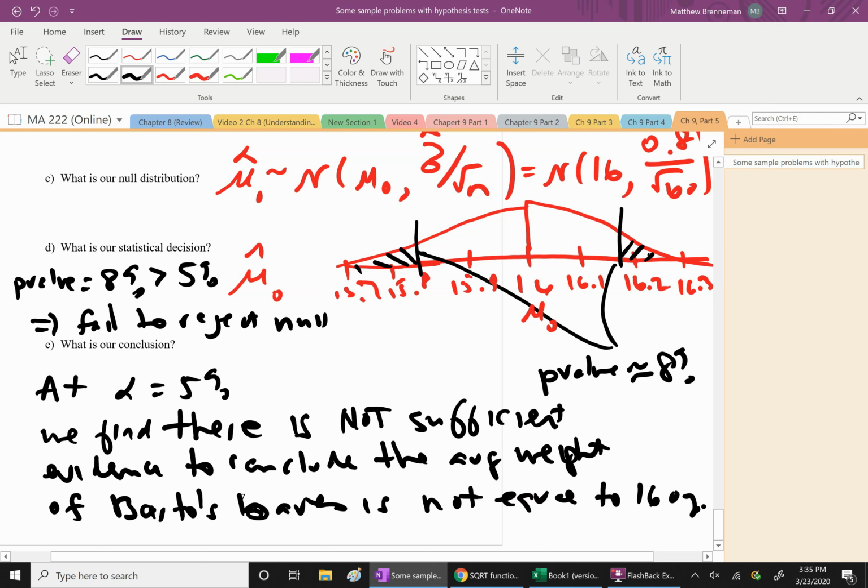There's not sufficient evidence to conclude the alternative, and the alternative is that the average weight of his loaves is not equal to 16 ounces. Okay, so now you know everything you really have to have in order to work all the problems.